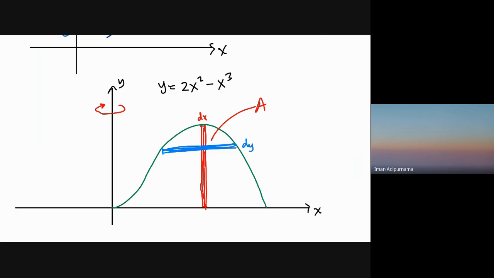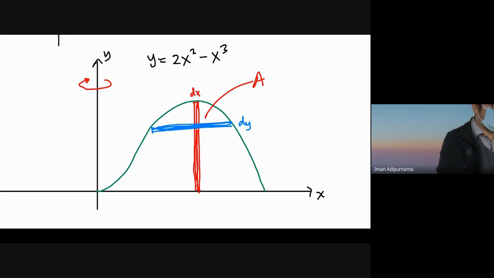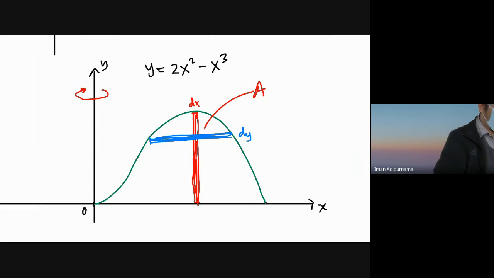Either way, when you try to rotate this, if we are going to use the disk method, when you try to make the disk itself, there will be a little bit of a weird shape, right? If you imagine how it looks. So this is 0, this is 2.